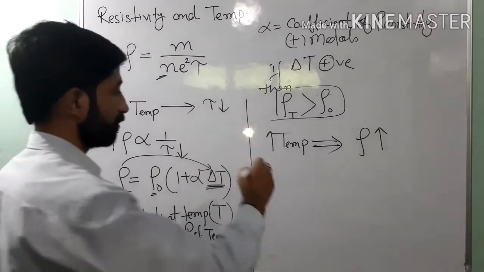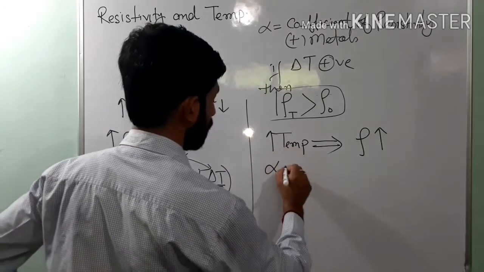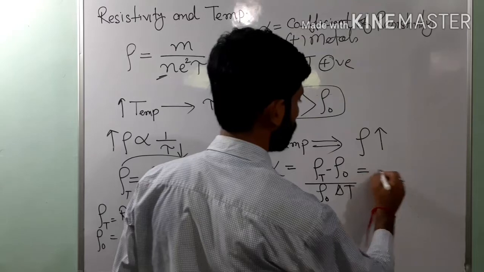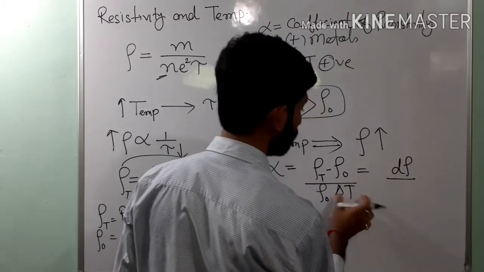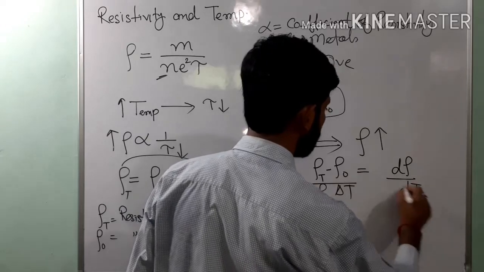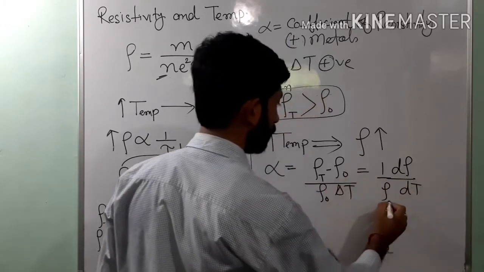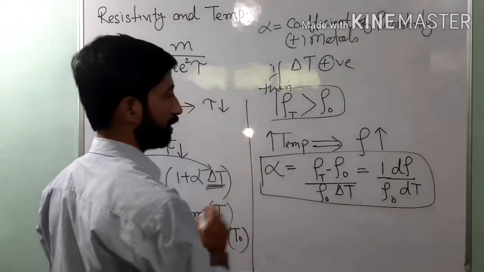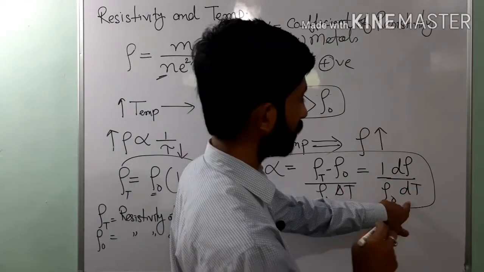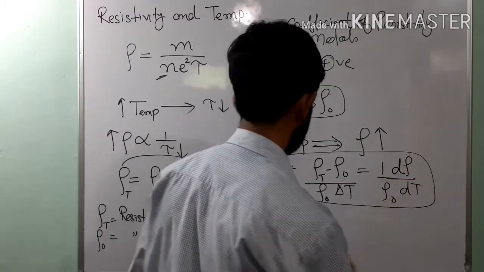So what does alpha equal to? This equation gives you alpha equal to delta rho over delta T, times 1 over rho naught. So this is the value of alpha. And alpha has a unit of what? Per degree Celsius.